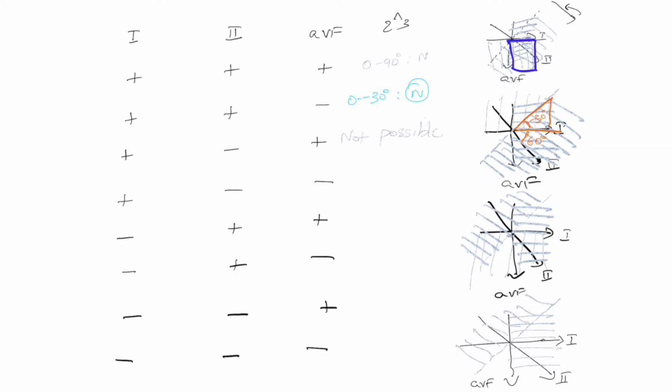And then we said AVF is also negative, so it means it's somewhere here. So the area of overlap is right here. So we already said that this is negative 30 degrees and this is 90 degrees negative. So in this case, the axis is between negative 30 to negative 90.